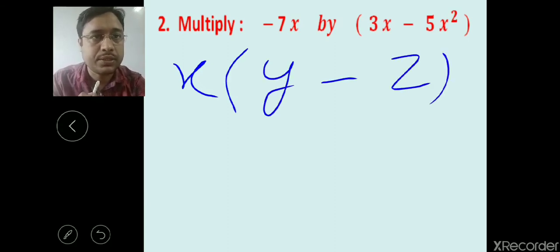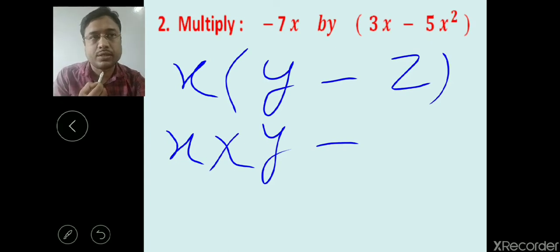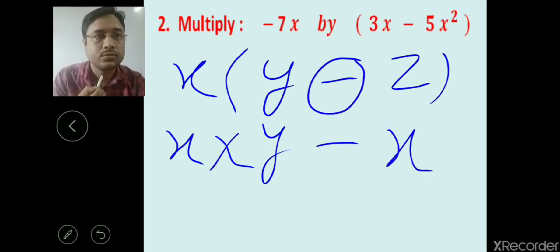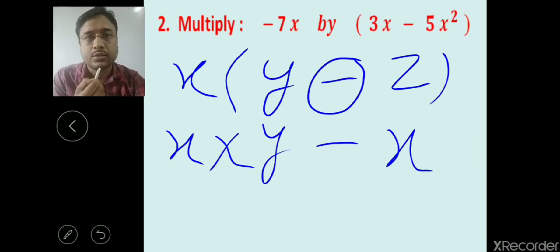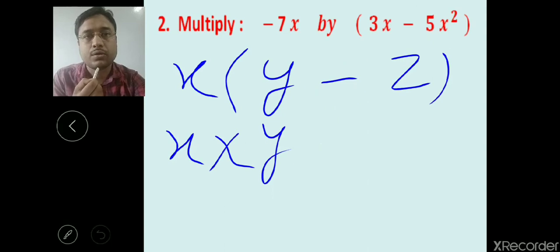This will do x into y, then the minus sign you will write in between, because here also the minus sign is given, then x into z. So this is the process, the distributive law of multiplication over subtraction. So this way you can solve. Now this question you have to see.